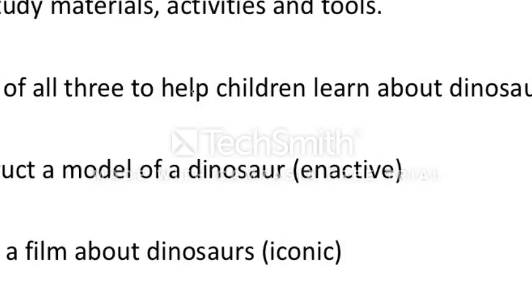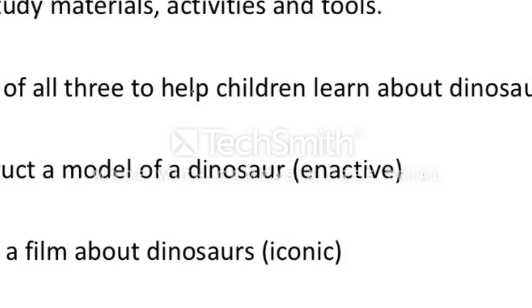So pwede kang mag-draw ng dinosaurs and then point out, this is a dinosaur, a two-legged animal with long neck and then with two eyes and a mouth. So ganyan, that's a dinosaur. So kapag iconic na naman siya, 'di ba? You might let the child watch a movie of a dinosaur para mas ma-imagine niya kung paano how a dinosaur moves.